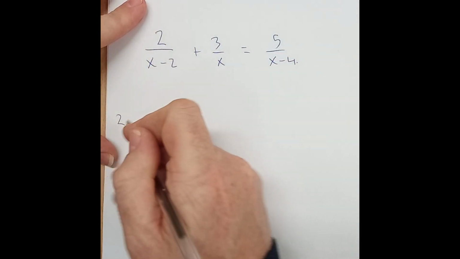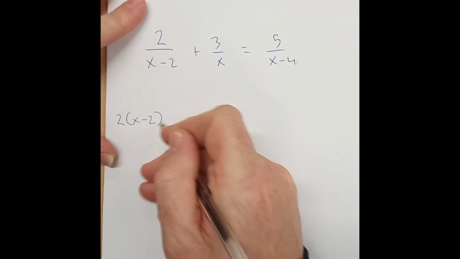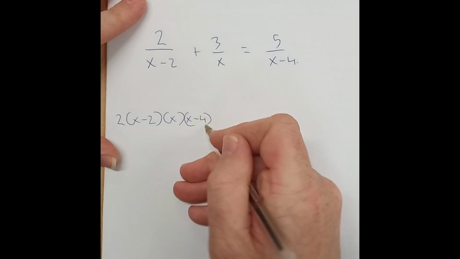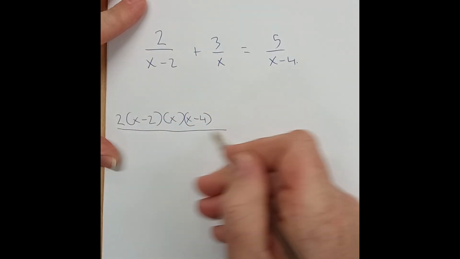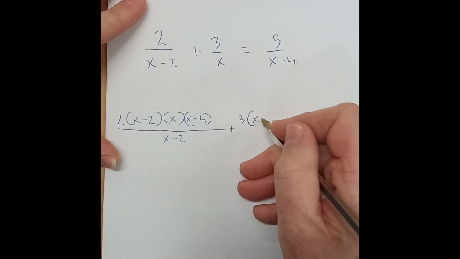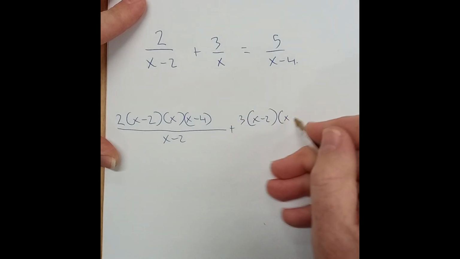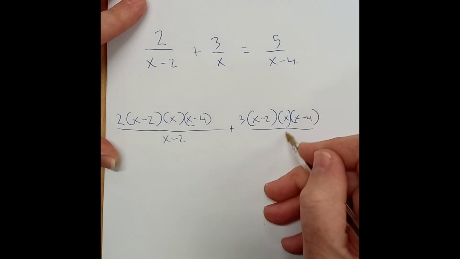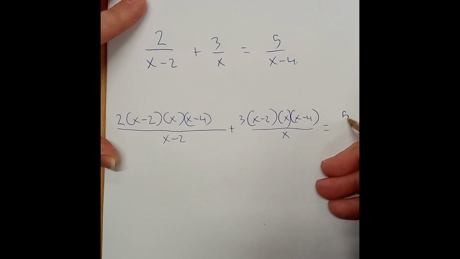Take the 2 and multiply it by everything else, and still put it over. Plus the 3 by everything else, and put over the original, equal to the 5 by everything else, and put it over the original.